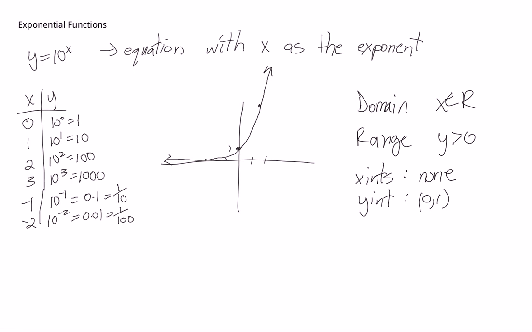What we want to do now is compare that graph to y equals 5 times 2 to the x. A lot of people think these graphs are the same because 5 times 2 equals 10, so we think it should be exactly the same, but it is not the same equation. Let's graph that one quickly to see what it looks like.